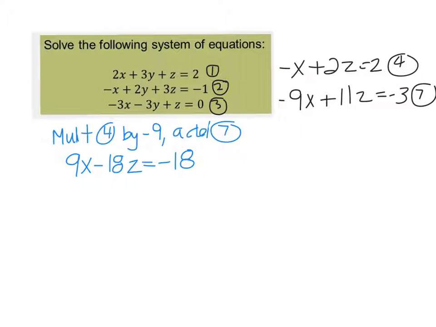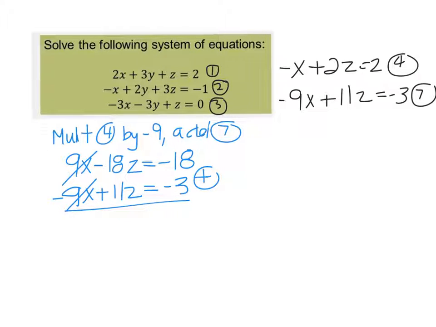And my equation number 7 was negative 9x plus 11z is equal to negative 3. Now if I add those together, my x's will cancel out. I will get negative 7z is equal to negative 21, which means that z is equal to 3.